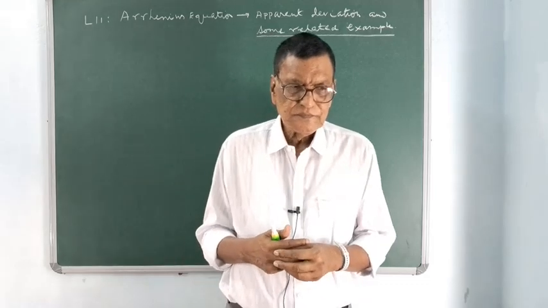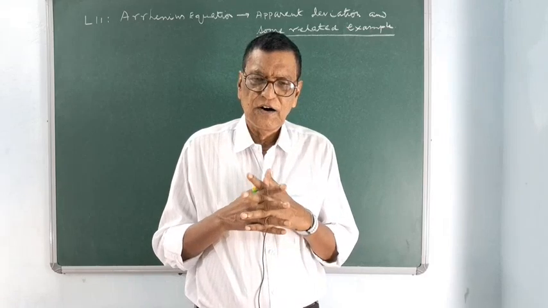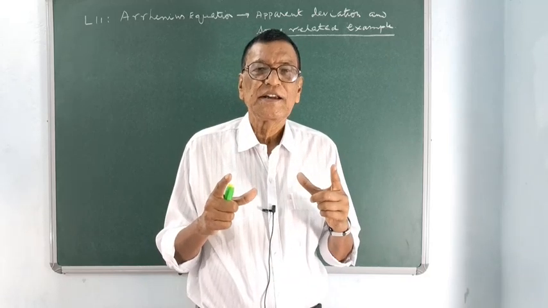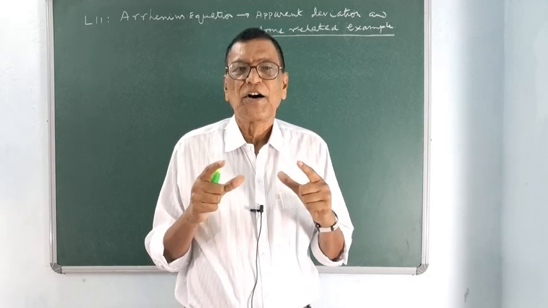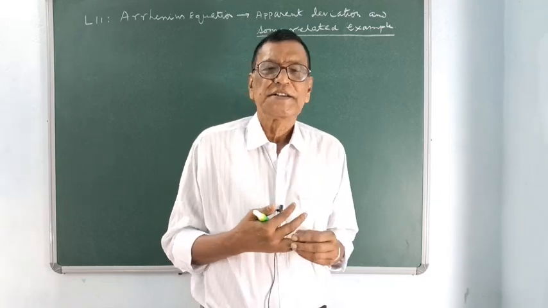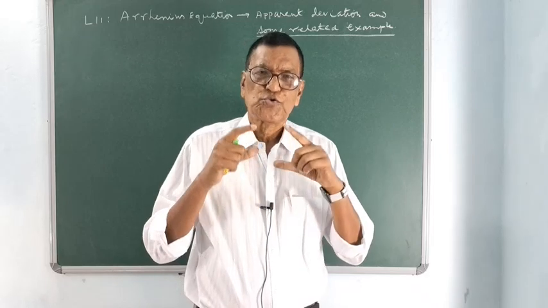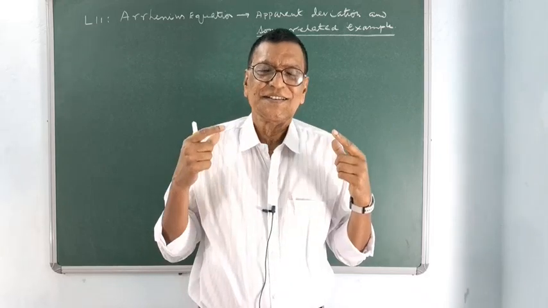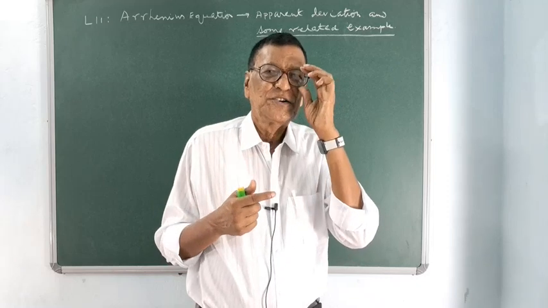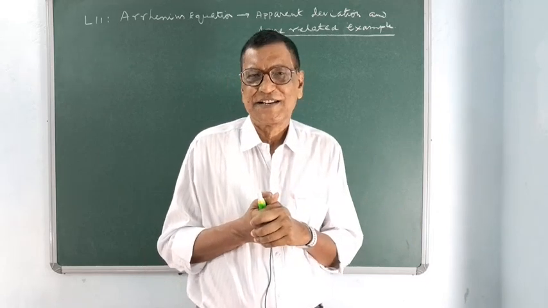You see, reactions are generally of two types. One is simple, elementary, one step, and the other is complex or multi-step. And generally, in multi-step reactions, some observations show that the rate constant decreases with the rise in temperature, which is against the prediction of this Arrhenius equation.